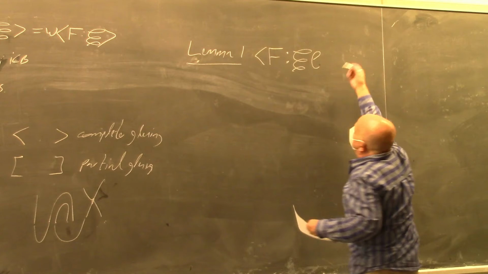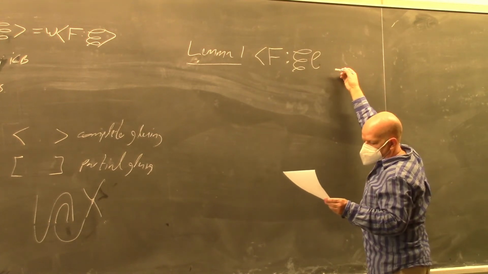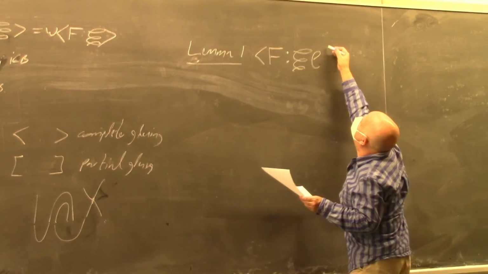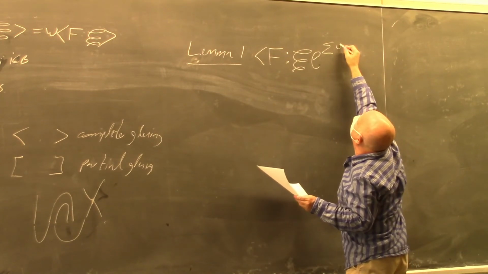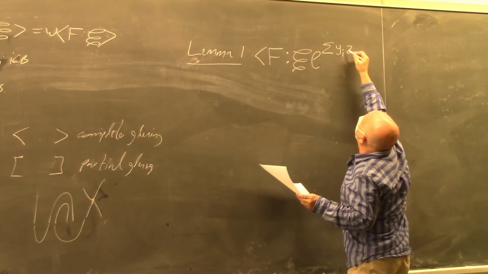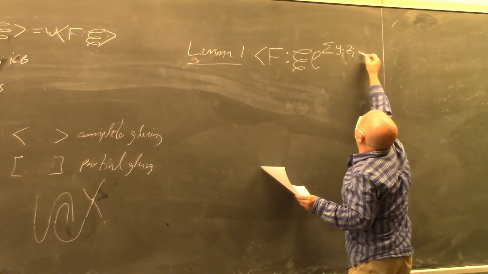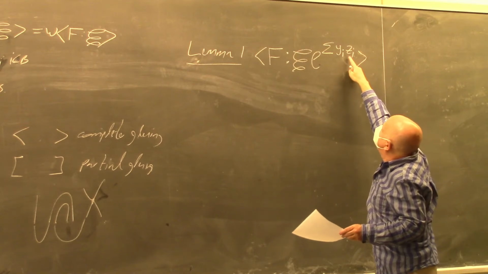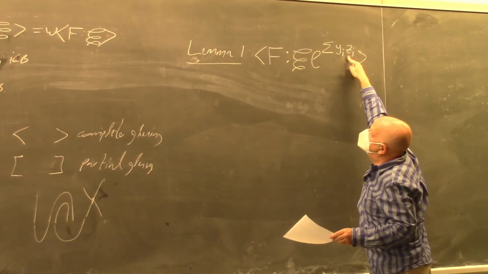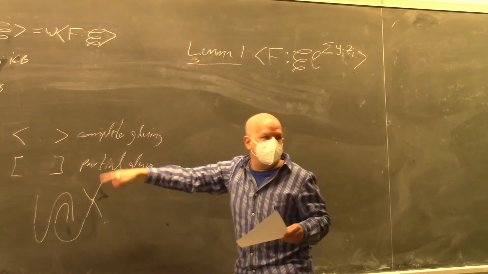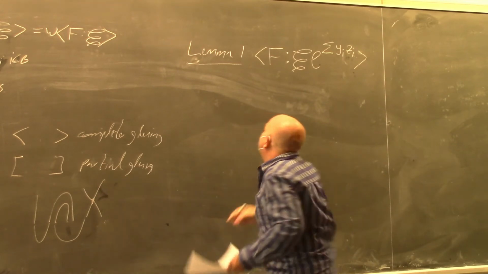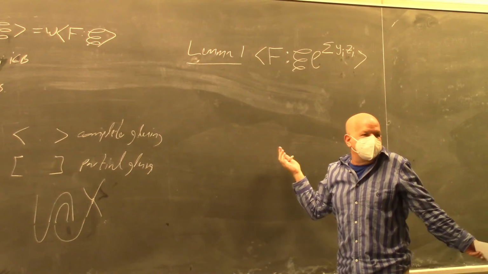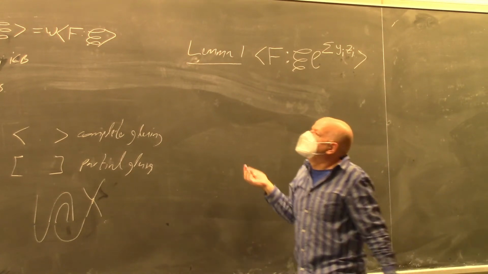So it's multiplied by the exponential of the sum of yi zi, where the zi's are the variables we glue, as usual, and the yi's are the coefficients of zi. Well, if it's linear, it comes with a coefficient.